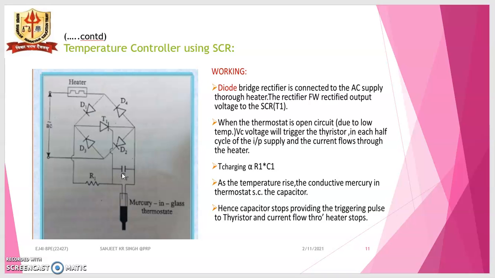That means it will short circuit the capacitor C1, and the capacitor will no longer provide the gating pulse to the SCR, so it is in off state, no current conduction will take place through the SCR, and it is turned off. So this is how it is controlling the temperature of a heater.